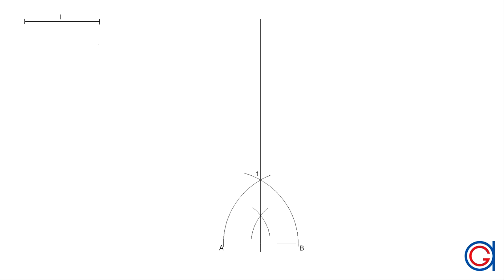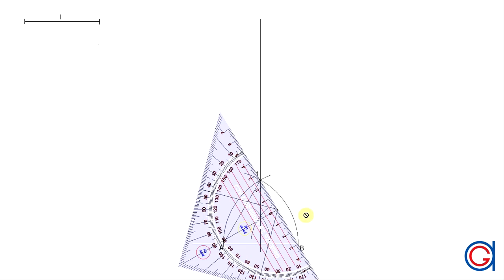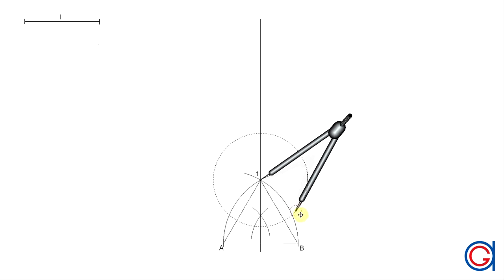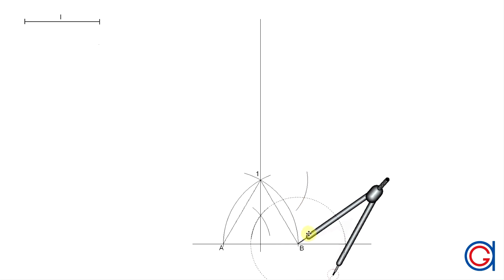So the next step is to complete the equilateral triangle joining vertex A with vertex 1. The next step is we do a perpendicular bisector of the side 1B using the same process as we did with the side AB, as can be seen here.